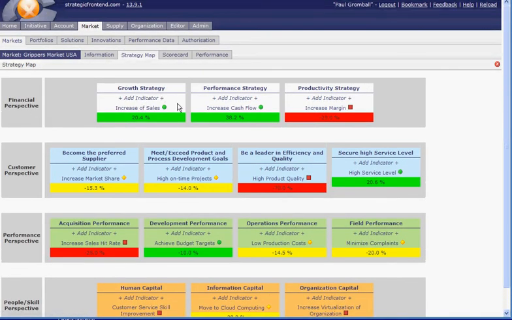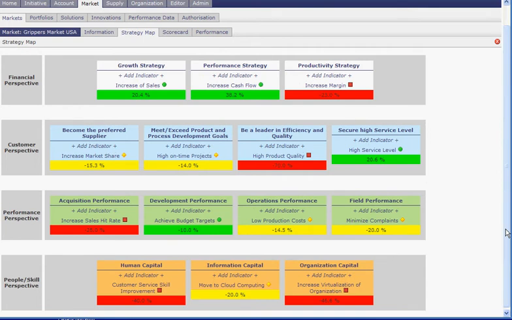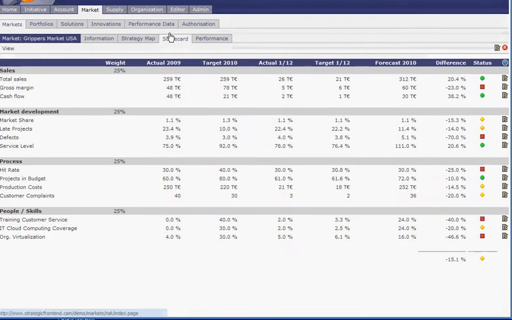So you are very flexible to customize this strategic map, which is, I think, very helpful for communicating the strategy to all the people in the organization. So behind this strategic map is, if you want, a scorecard.